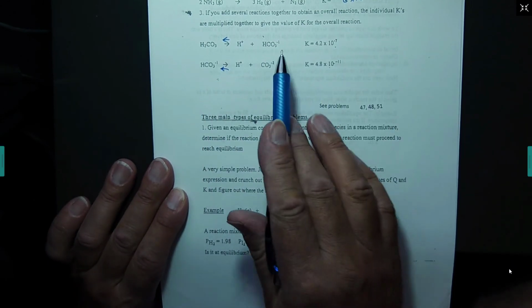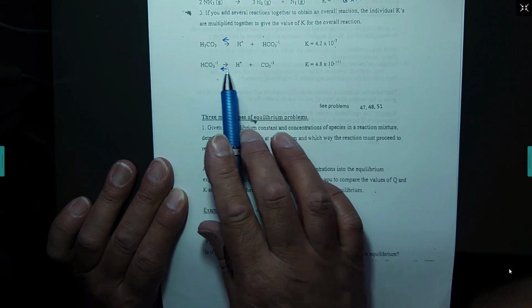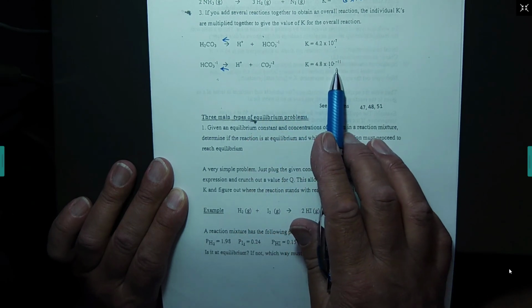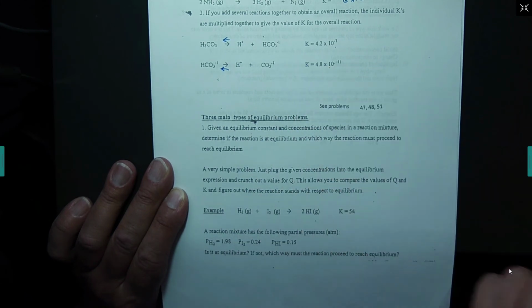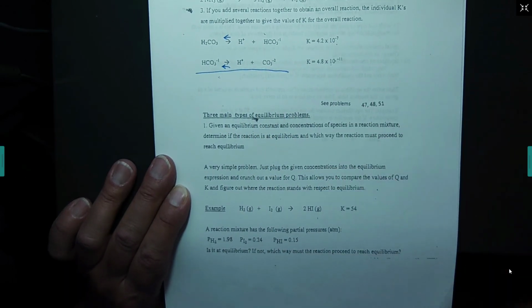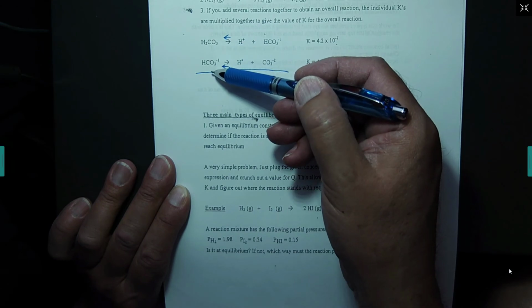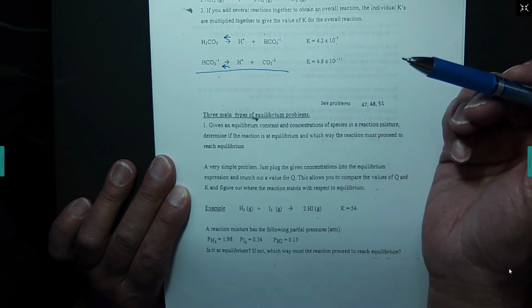So you got your bicarbonate ion. Guess what? Bicarbonate ion can spit out a proton and make a carbonate ion. It's got this equilibrium constant, an even smaller equilibrium constant. Can I add these two reactions together? You bet I can. I hope you remember from last semester how to add reactions up. You add up all the things on this side, add up all the things on this side. Anything you can cancel, you cancel.